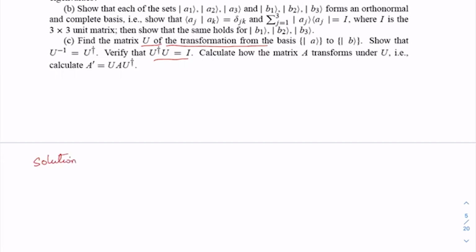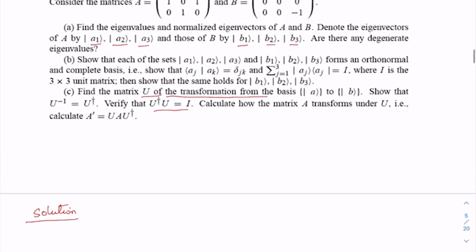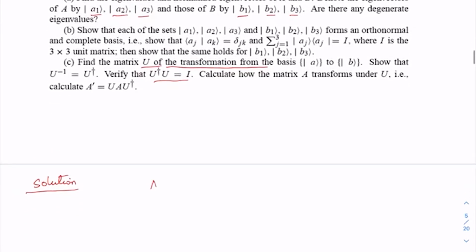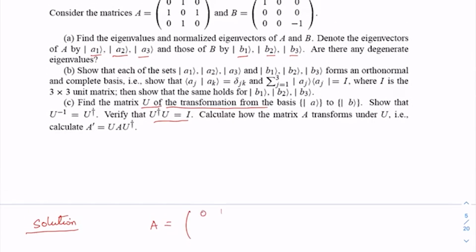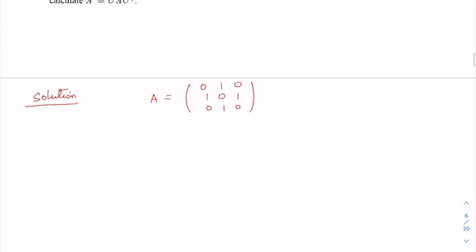So first of all, to do the first part, let us work out the eigenvalues of A by solving the characteristic equation. So we have A equal to the matrix with rows 0, 1, 0; 1, 0, 1; 0, 1, 0, and you know the characteristic equation.